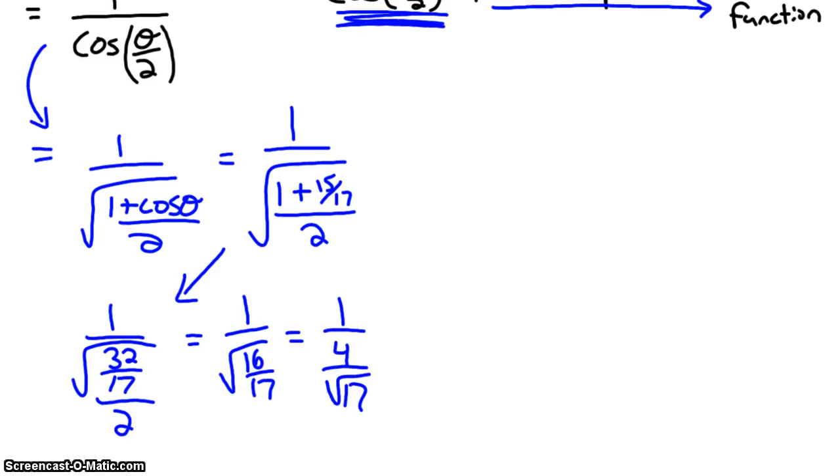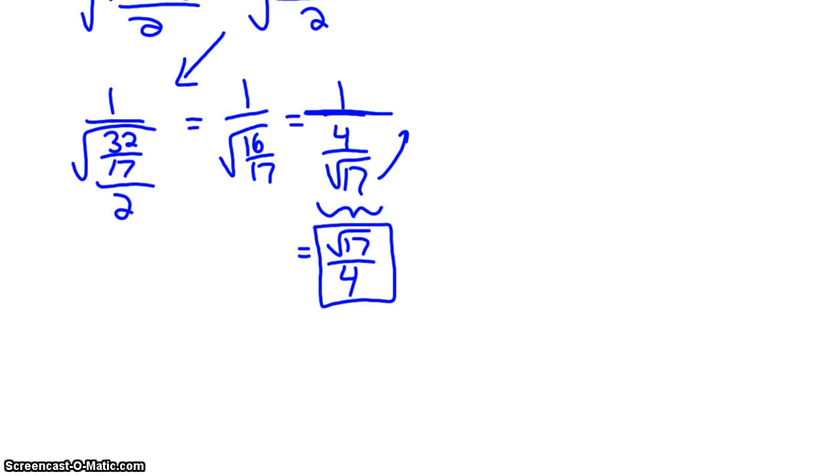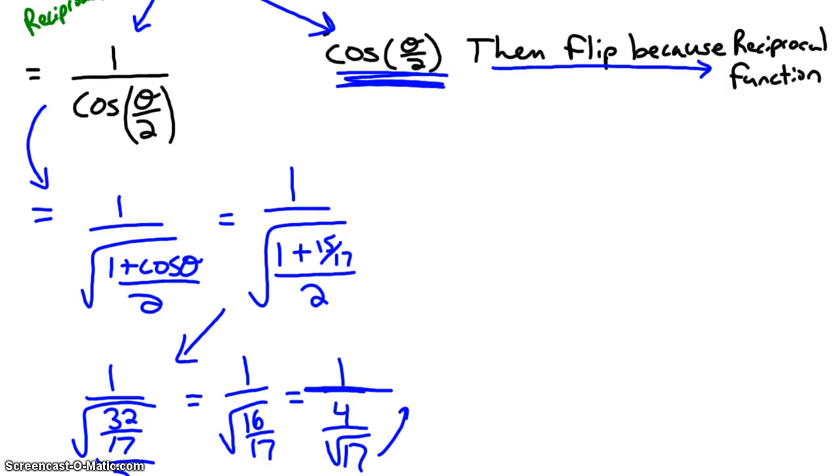The nice thing about this one is that I have a fraction in the denominator. So my 1 is divided by this fraction. I'll bring it up on top and flip it, or use the reciprocal, which puts the radical 17 on top in the numerator and the 4 in the denominator. So I am done. No rationalizing needed.